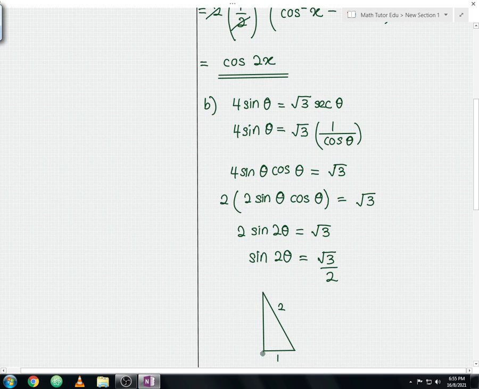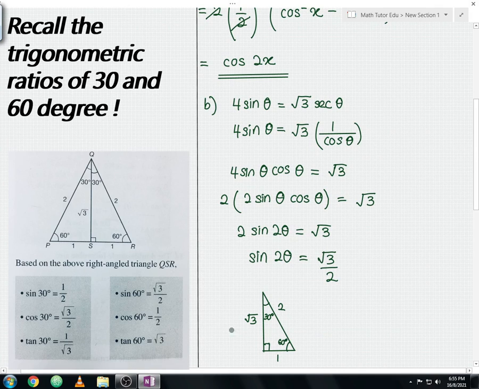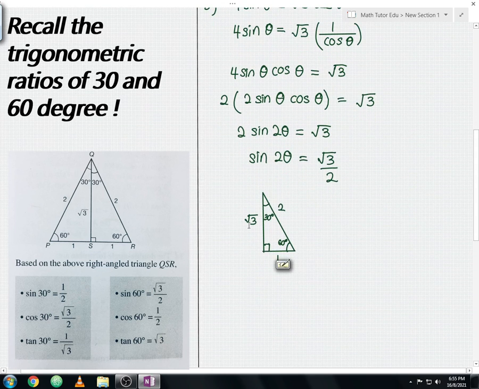And this vertical length will be square root 3. This angle will be 30 degrees, followed by this angle of 60 degrees, and eventually this is the 90 degree angle. If you sum all the internal angles, you should get 180 degrees. It is a simple concept. So this is the triangle identity I'm trying to show you.